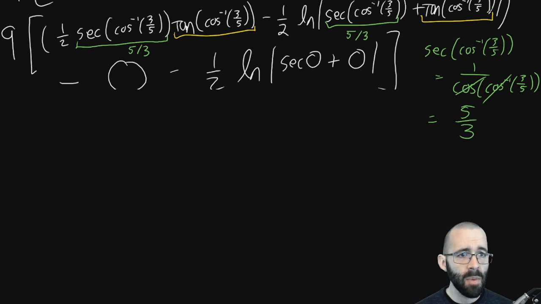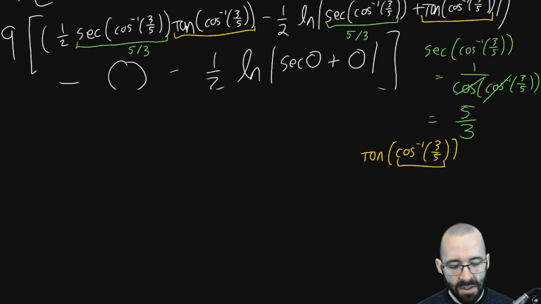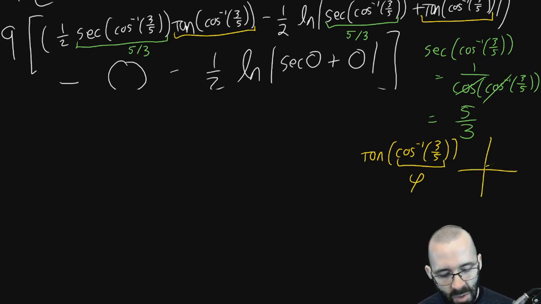That one will be a little bit more complicated. So let's look at tangent of inverse cosine of 3/5. Now, inverse cosine is just some angle. We don't know what it is, but we do know it's going to be in the first quadrant because 3/5 is positive. Cosine would be negative in the second quadrant. So since it's in the first quadrant, it'll look something like this.